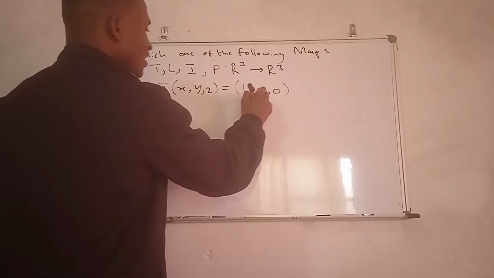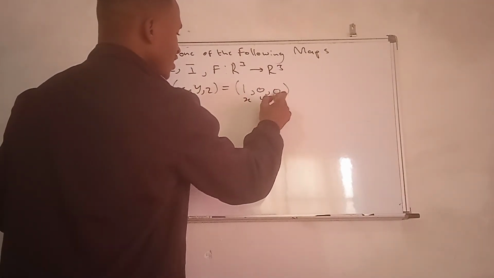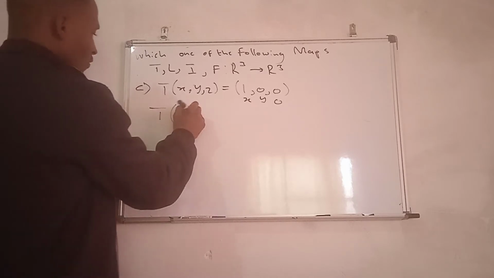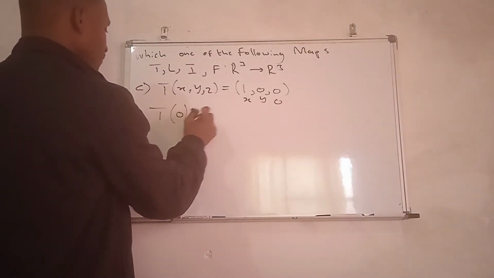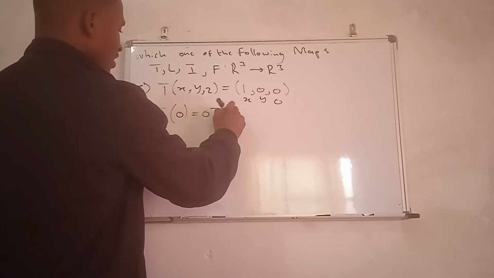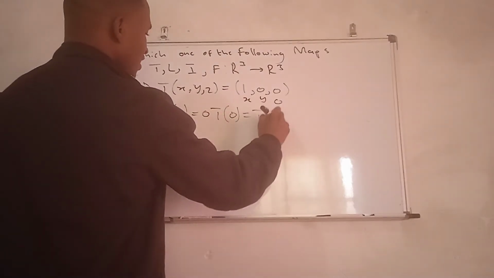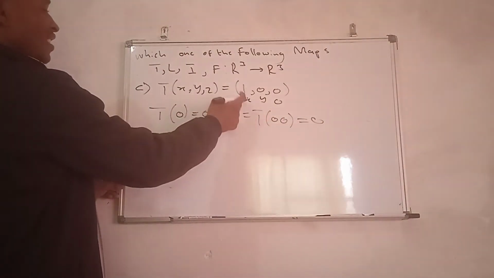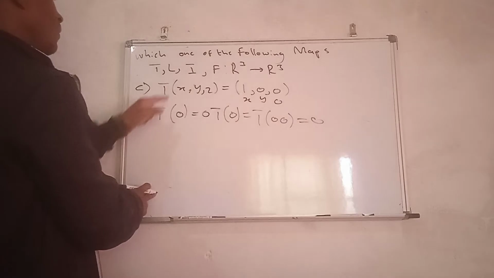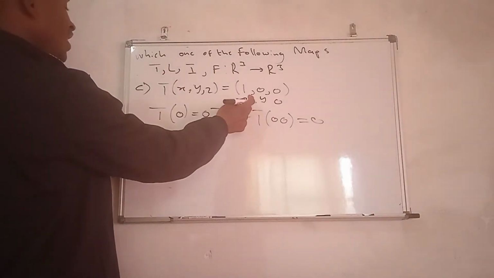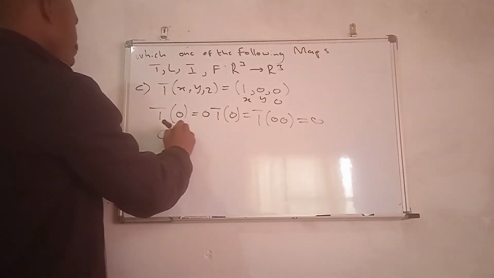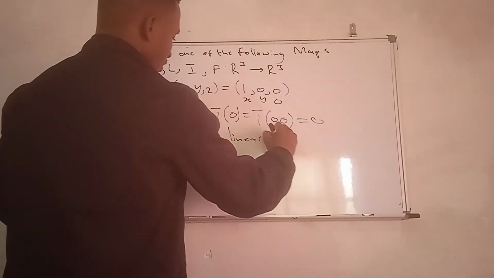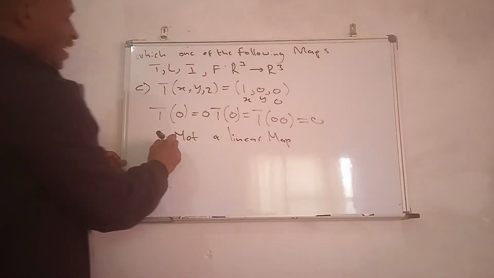So this is x, y, and 0. So the condition of saying T of 0 equals 0, whereby this is the same as this and this is the same as this, which is 0, is not met in this example because my x is already 1 in here. So this is not a linear map.